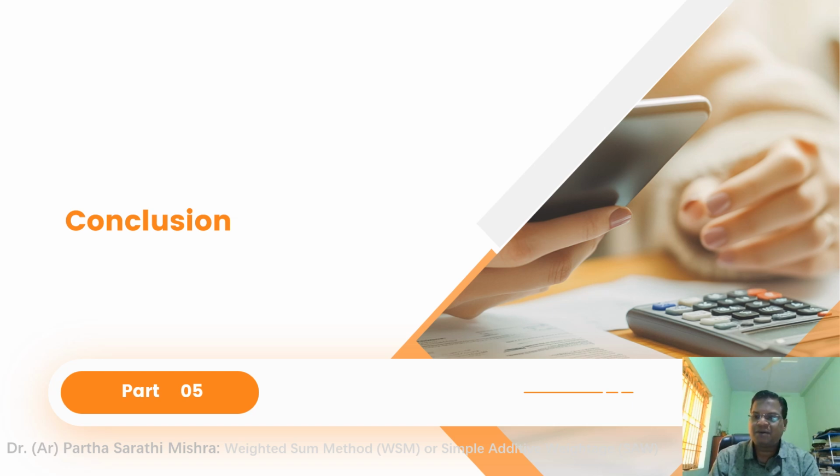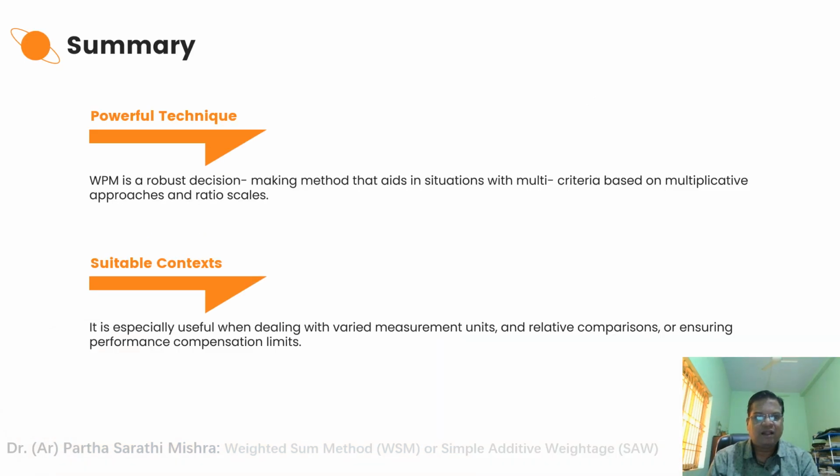Now let's discuss the conclusion. To summarize, WPM is a robust decision-making process based on multiplicative approaches and ratio scales. It's especially useful when dealing with varied measurement units, making relative comparisons, or ensuring performance compensation limits.